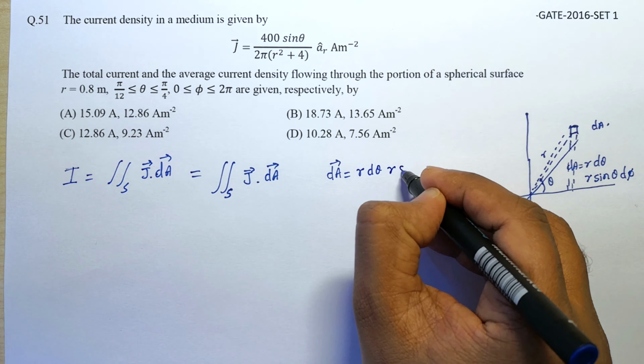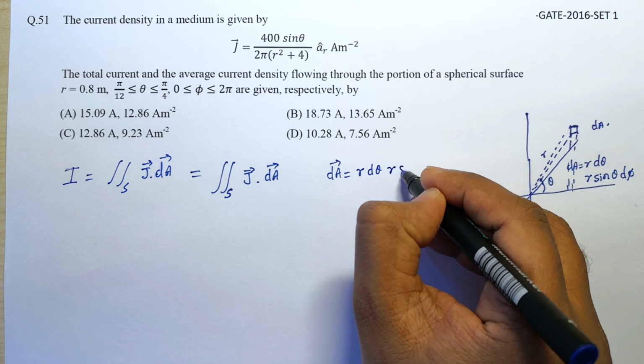Now let's plug this into the equation. So I is equal to, since it's a surface integral, the integral with theta varying from pi by 12 to pi by 4, and again an integral with phi varying from 0 to 2 pi, and we have J, which is 400 sin theta divided by 2 pi r square plus 4, times a_r, and we have this dA vector, which is a vector and is also pointing outwards in the r direction, so the direction is a_r again.